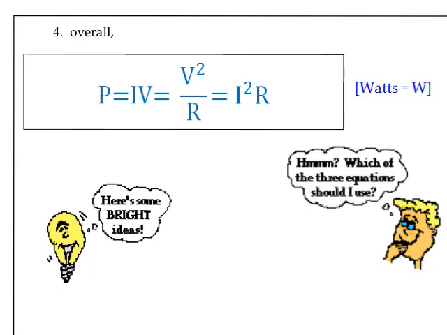I can multiply current times voltage, or I can do voltage squared over resistance, or I can do current squared times resistance. Whichever one of these versions you choose is going to depend on what information is provided in the word problem. And then when you're solving for power, regardless of which version you use, the units are still going to be in watts.